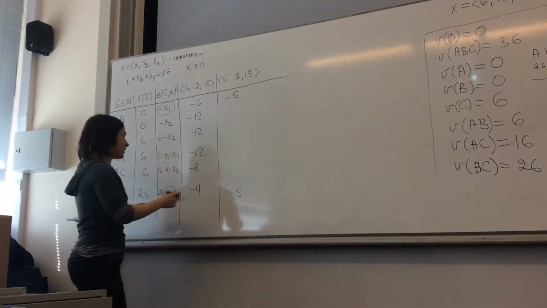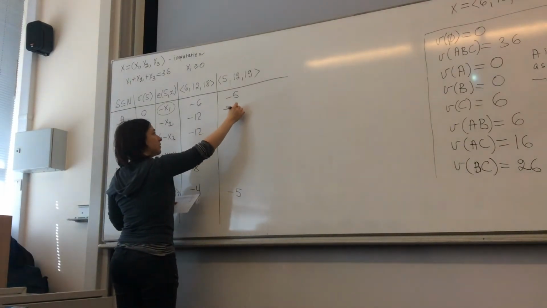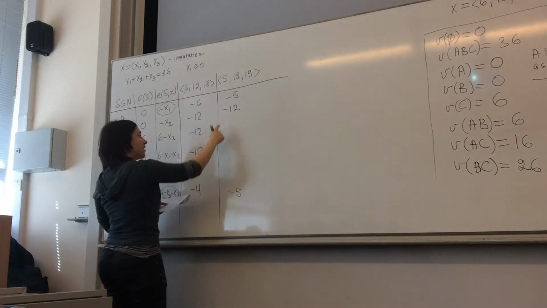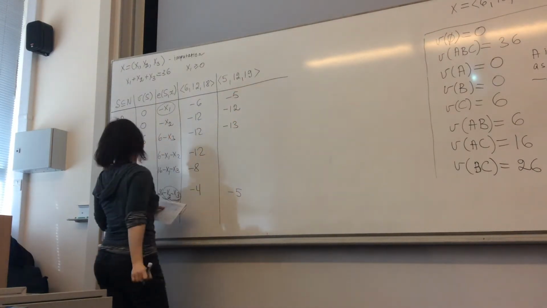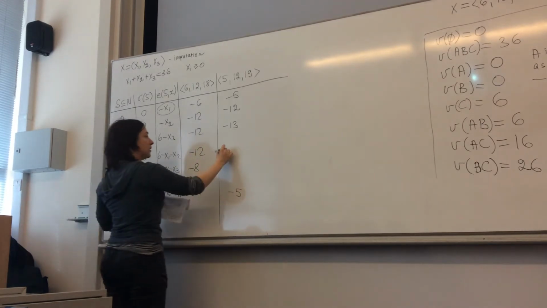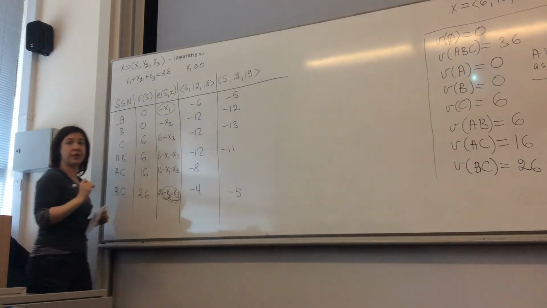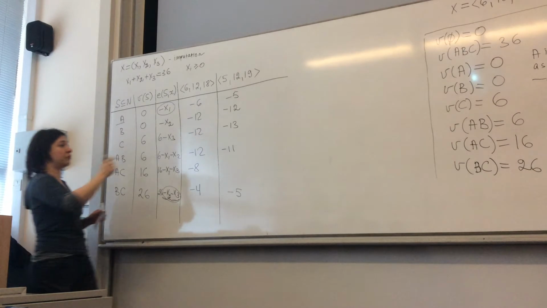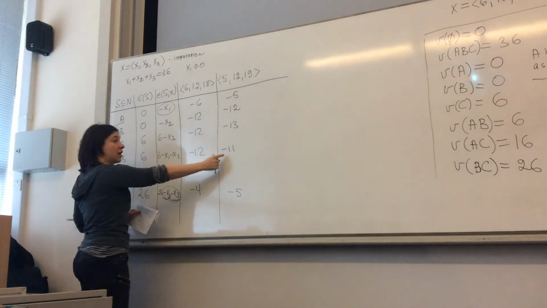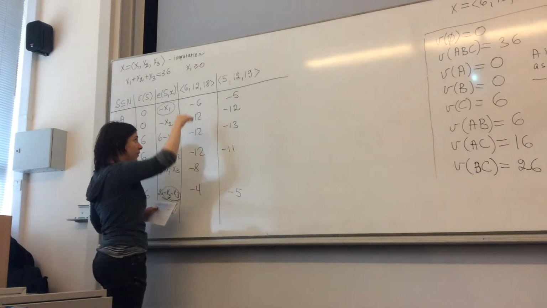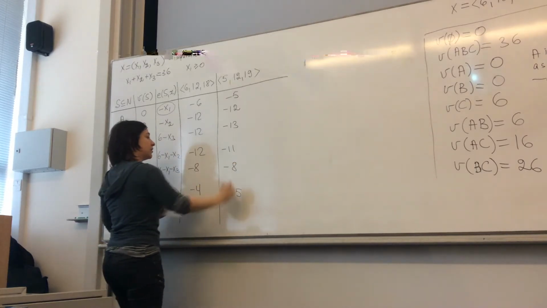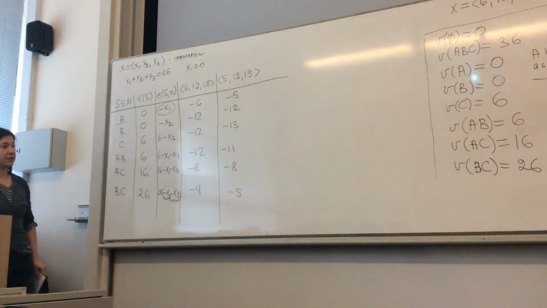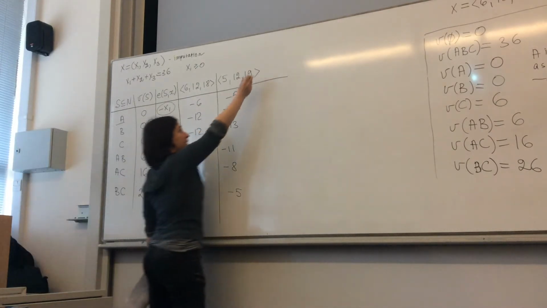And for the rest, it stays minus 12 here. Here it goes down by 1. For AB, it goes up by 1 because the payment of B didn't change. The payment of A has decreased. And here it stays the same. So that's the vector of excesses for this vector.